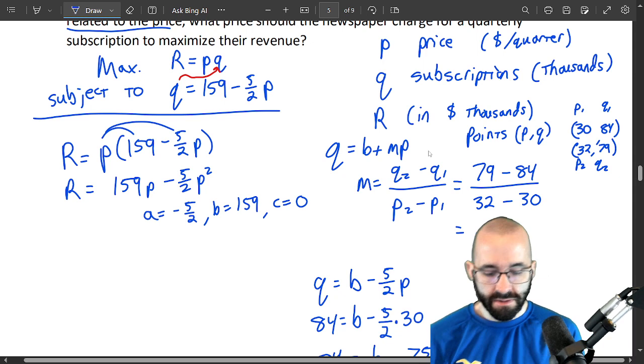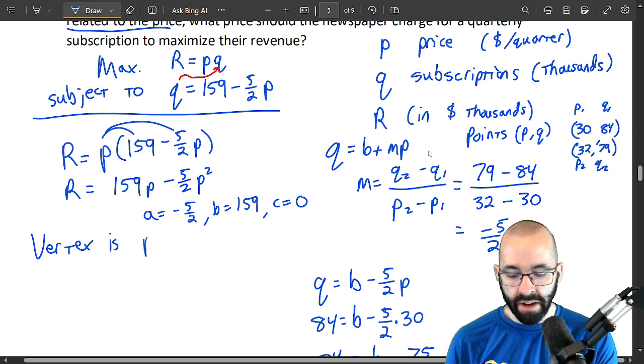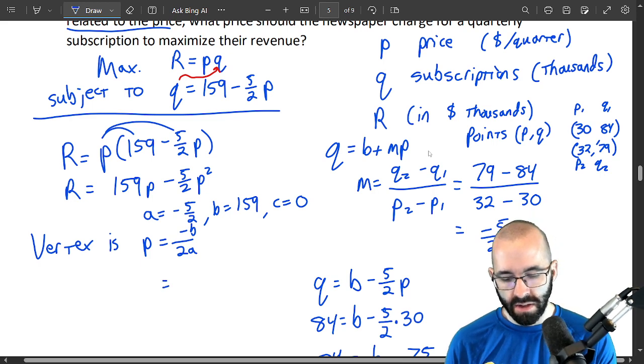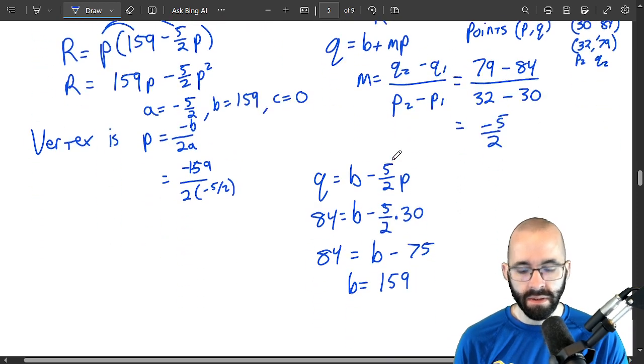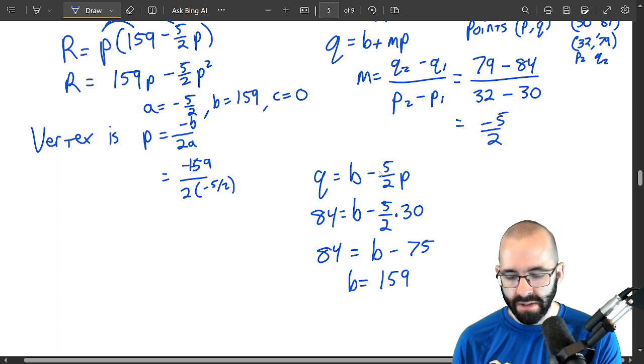Either way, the vertex is when our input, and our input here is P, when our input is -B over 2A. What is that? -159 over 2 times -5/2. Watch your algebra or arithmetic. You can use a calculator.